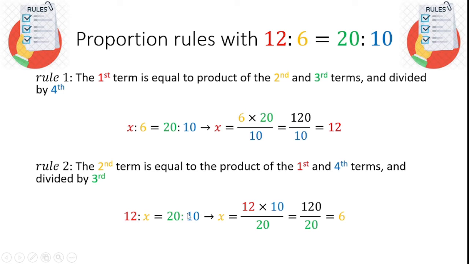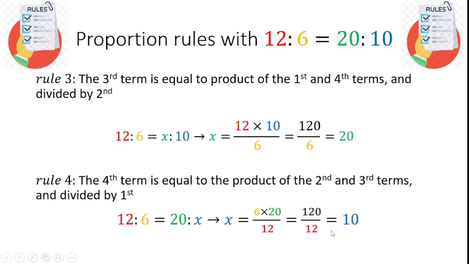Here 12 is the first term, 10 is the fourth term. So x is equal to 12 into 10 divided by the third term. Here what is the third term? Which is 20. So 12 into 10 divided by 20, which can be represented as 120 divided by 20. From this I can get 6. From this second rule I can get the second term from the proportionality statement. So now I get 6.